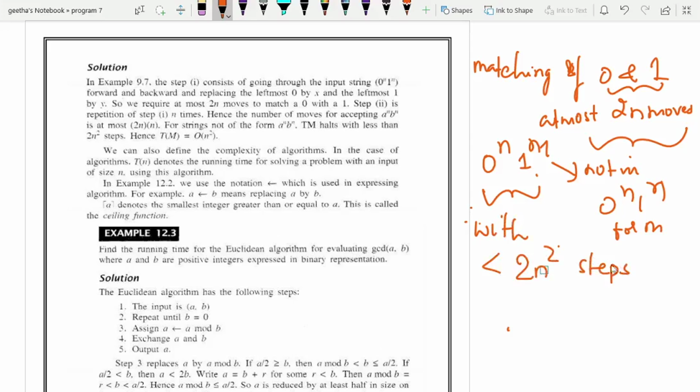Hence the complexity of the Turing machine M is order of n square for this particular language.